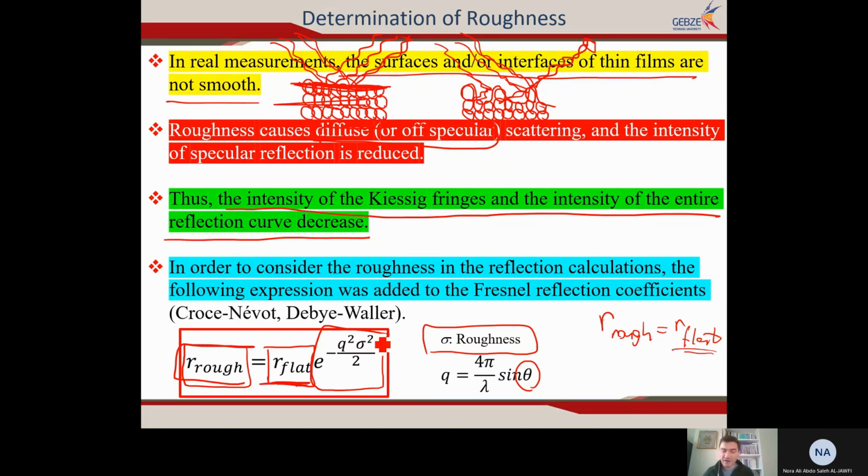But whenever you have roughness, the intensity at the detector will decrease with this term here. In addition, here we have Q square or theta square, okay? At higher angles, if Q is bigger or theta is bigger, the effect of the roughness is dominant.